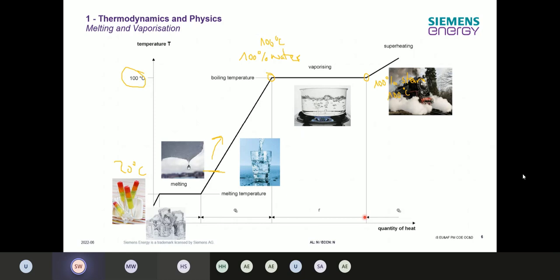So this vaporizing process is using a high quantity of heat over here, and then the superheating process is again a smaller part, because here you're changing the water into steam, and there you need much more energy for it.